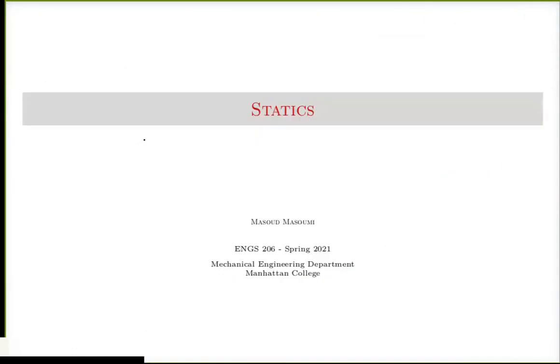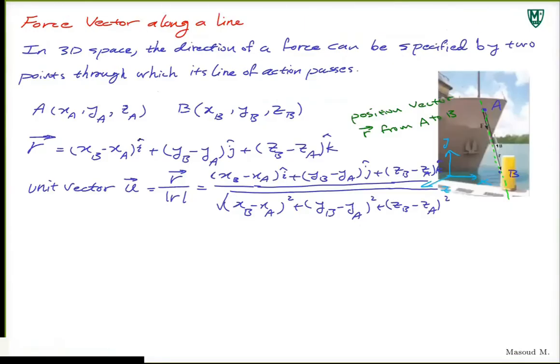Therefore, F as a vector is the magnitude of F multiplied by unit vector U. This is what you need to know.